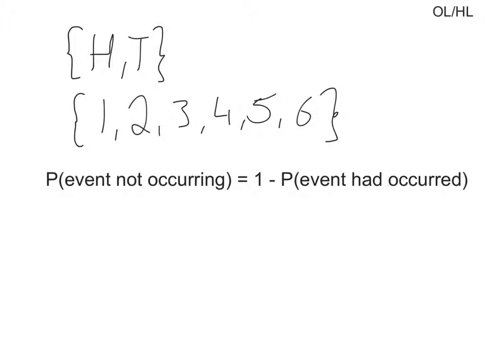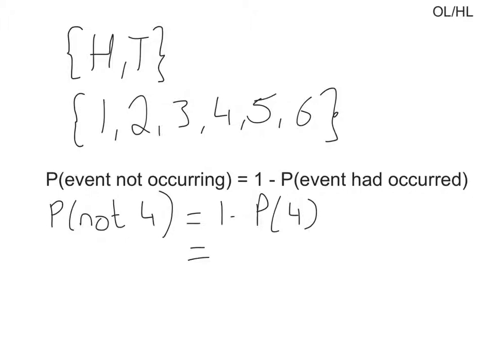Another probability rule I want to look at is the probability that an event doesn't occur is equal to 1 minus the probability that an event has occurred. Let's take a look at this. If we go back to the example of rolling a 4, the probability of not rolling a 4, not 4, is equal to 1 minus the probability of a 4.